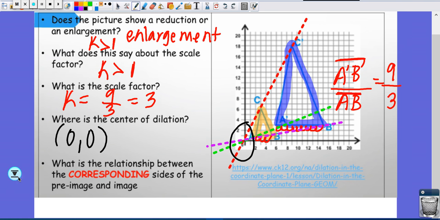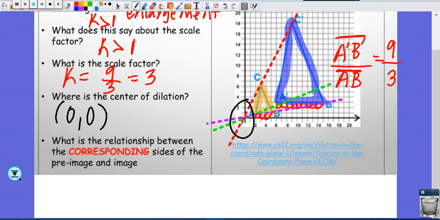The last question says, what is the relationship between the corresponding sides of the pre-image and the image?